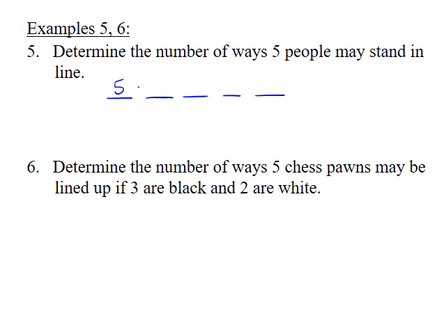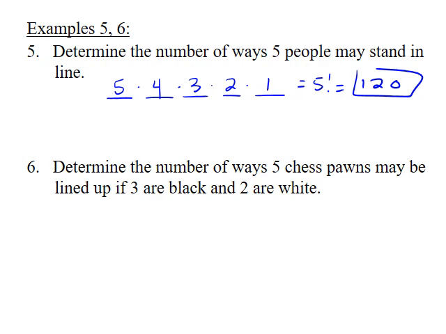But then in the second spot, we've already used one of those 5, so I have 4 choices for the second spot in line. 3 and 2 and 1. So notice that this is 5 factorial, because Bobby is different than Susie, is different than Jane, and so on and so forth. This results in 120. So no 2 people are the same, so these are 5 distinguishable people.